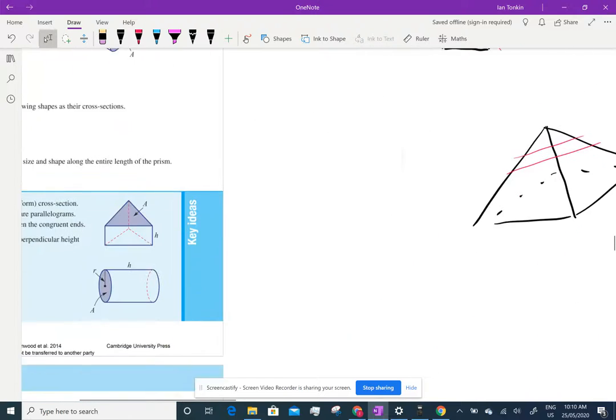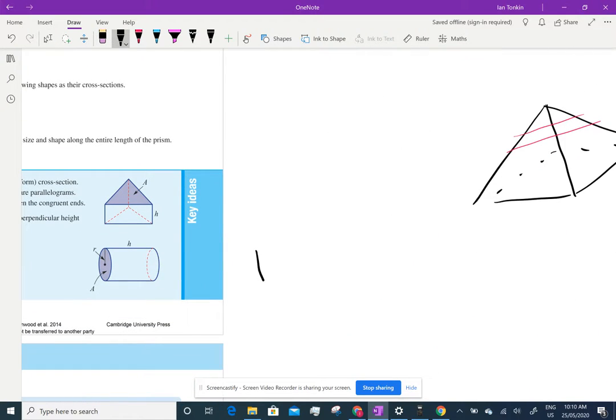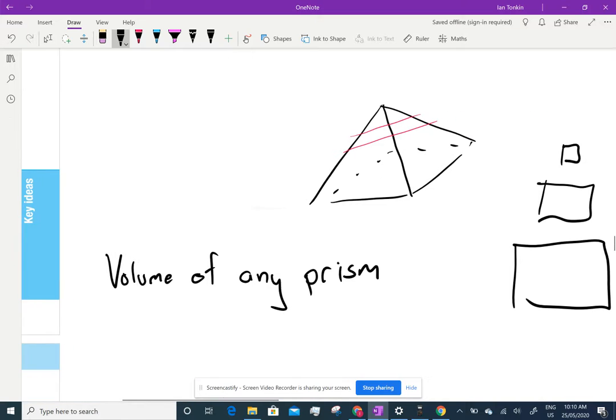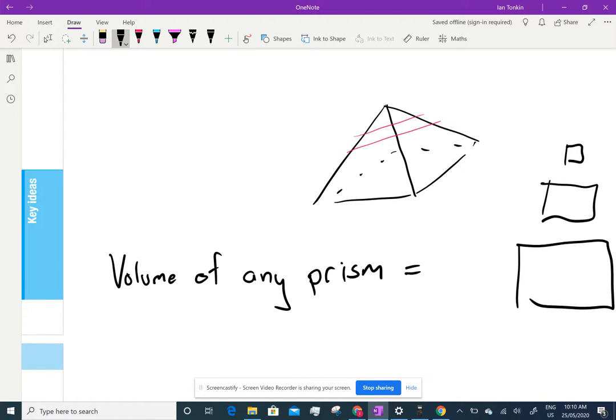Now, there's a really good widget on Hot Maths that explains why the volume of any prism, actually I better write this, so write this down and we're going to look at the widget. So the volume of a prism, any prism, equals, I'll just create some space here.